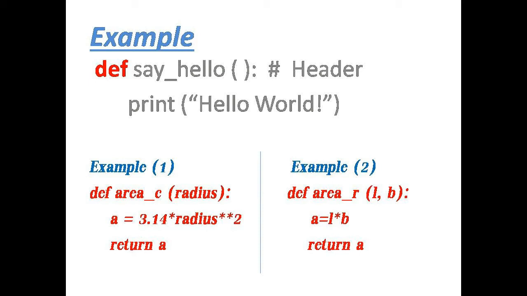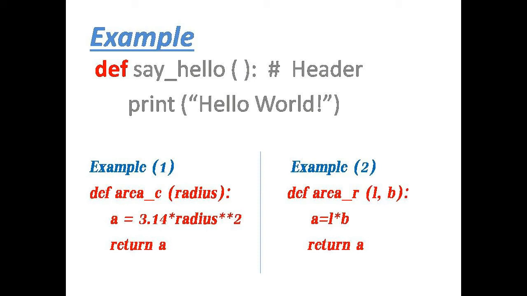Now the colon is given, that means indentation will start. In the indented line it is written print, bracket, then inside inverted commas we have written hello world, bracket closed, which means it will print the words hello world when we execute this particular function.